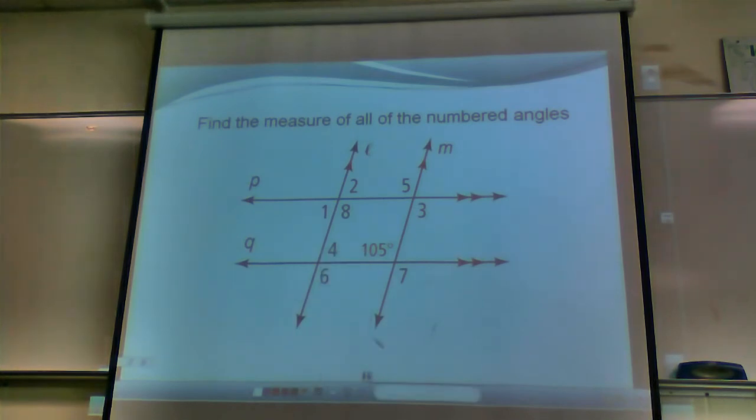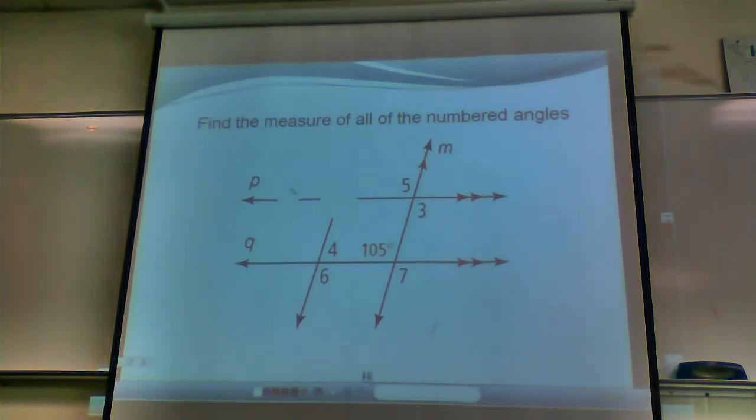If I was doing this, I'd say my given angle is right here, so I'm definitely going to use this intersection point. I'm not going to use this intersection point because those two aren't connected by a transversal. There's a line connecting those two, so I know right away I'm not looking at that.